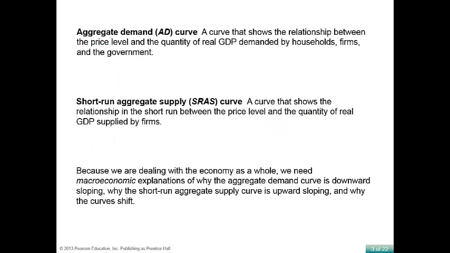The aggregate demand curve is a curve that shows the relationship between the price level and the quantity of real GDP demanded by households, firms, and the government. If you remember last week that GDP was not in the definition of the demand curve or the law of demand, goods and services were.